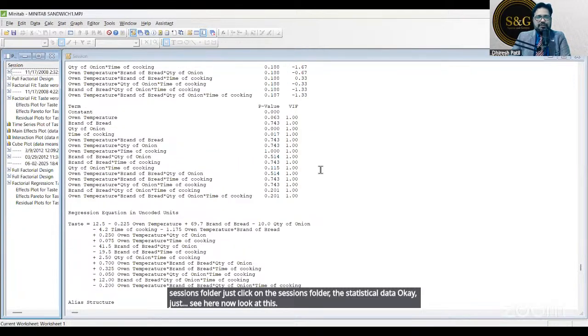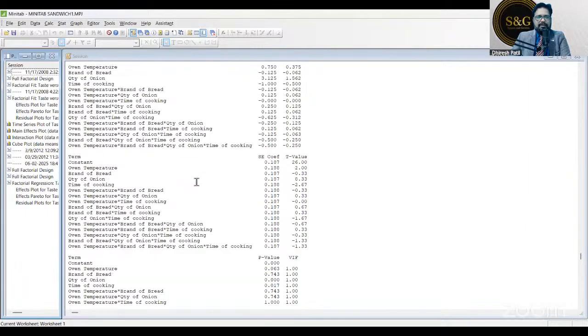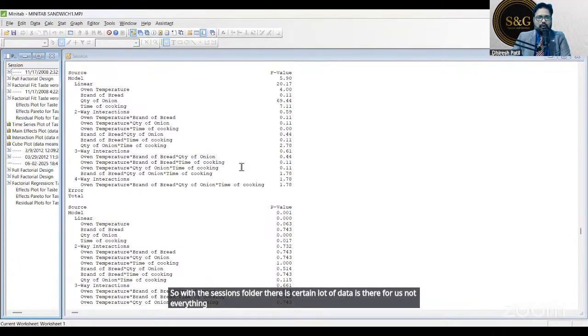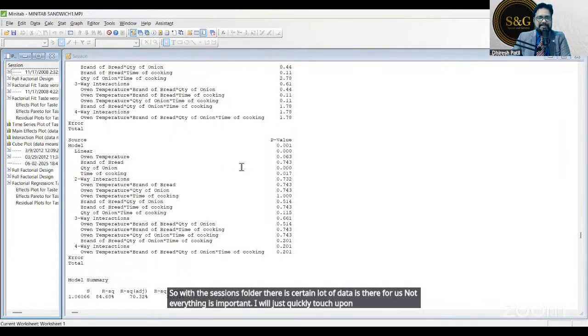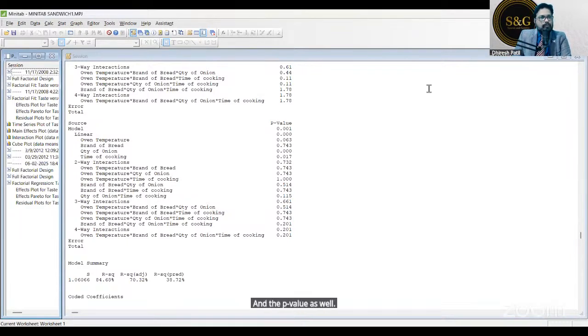In the sessions folder there is a lot of data, but for us not everything is important. I will just quickly touch upon some topics. Look at this data, the factors and the p-value.